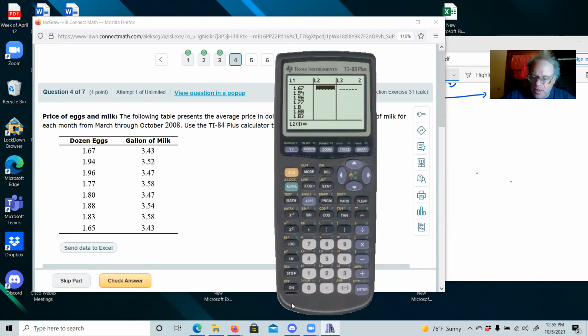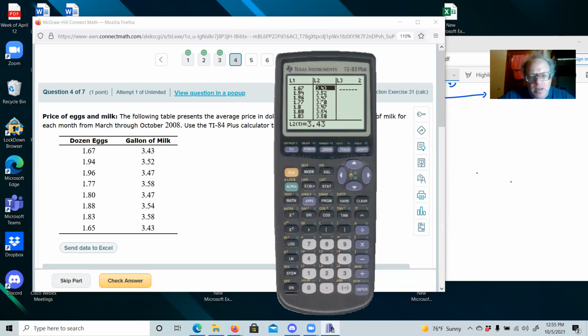Next ones: 3.43, 3.52, 3.47, 3.58, 3.47, 3.54, 3.58, 3.43. Looks like we're pretty good as far as that goes.